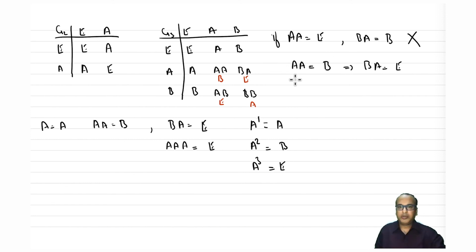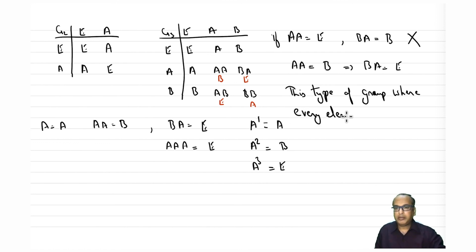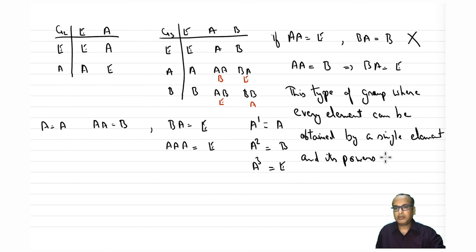This type of group, where every element can be obtained by a single element and its powers, is called a cyclic group. Okay.